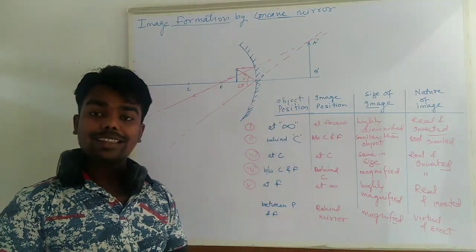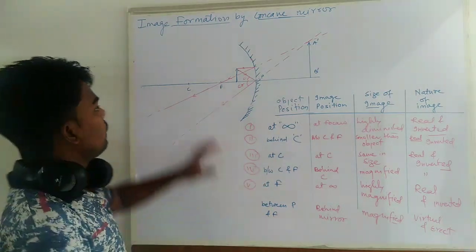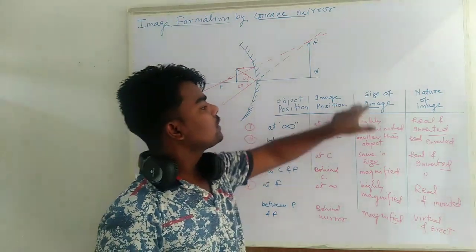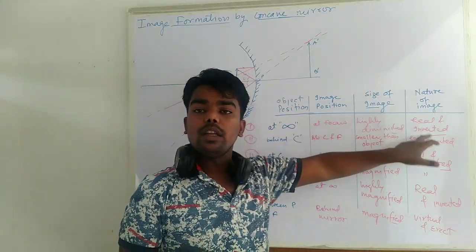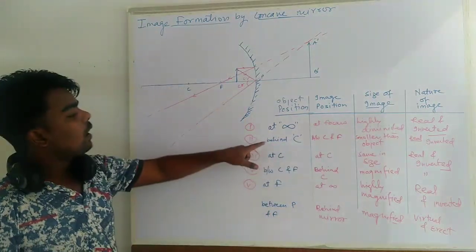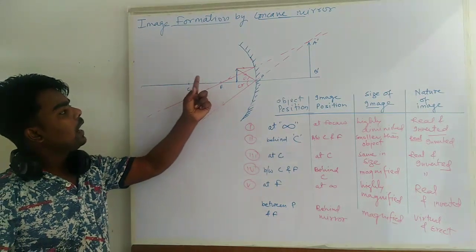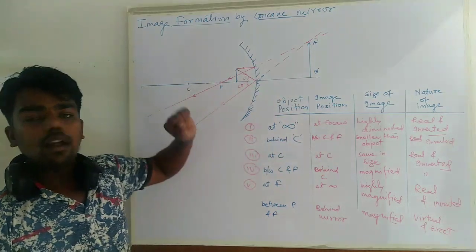So these are the 6 cases of image formation in the concave mirror. If the object is placed at infinity, the image will form at focus. Size will be highly diminished, point size, and that will be real and inverted. If the object is placed behind C, the image was forming between C and F, smaller than the object, real and inverted.